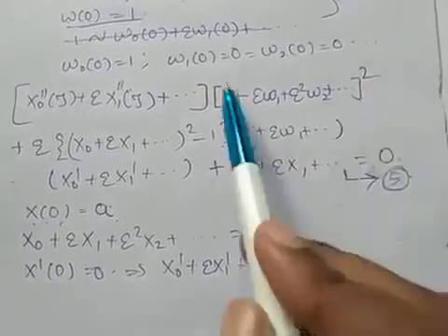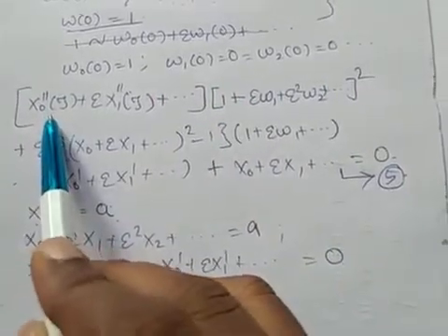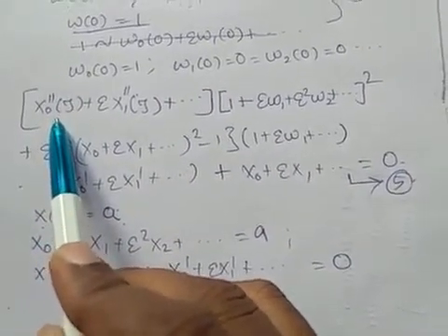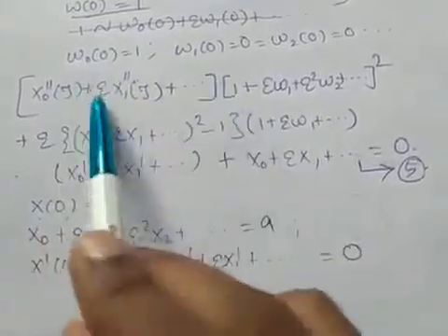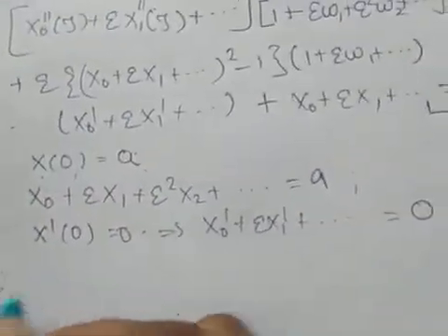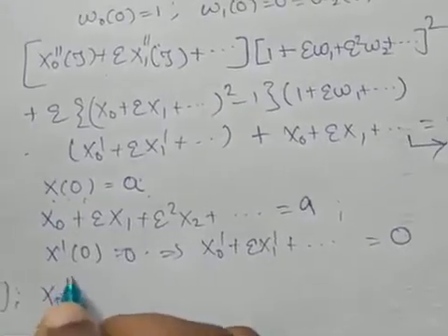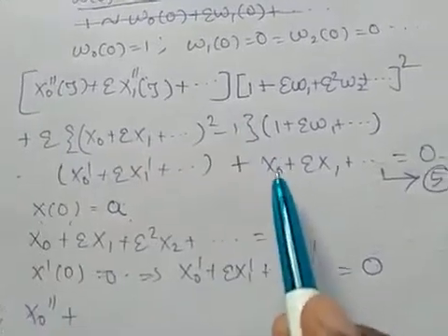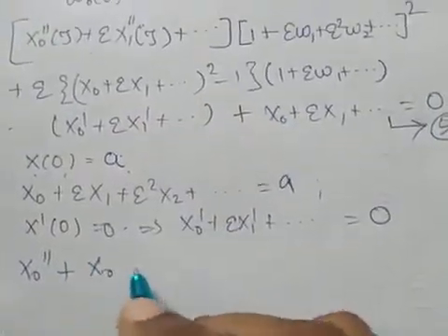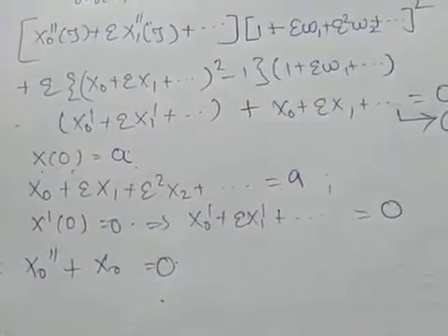So 1 into x naught double dash is the only term whose coefficient is not epsilon. Therefore, I am considering x naught double dash plus, since the other terms have coefficient epsilon, another term x naught itself, equal to 0.